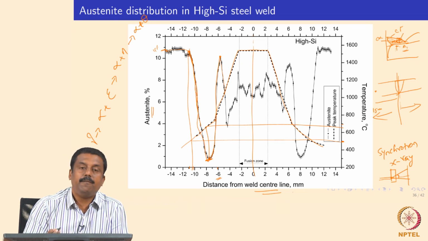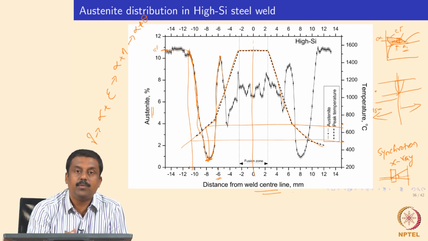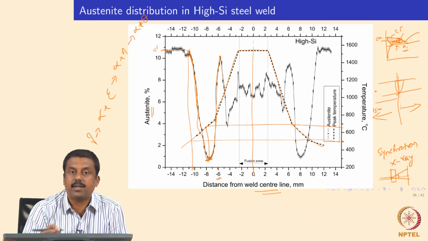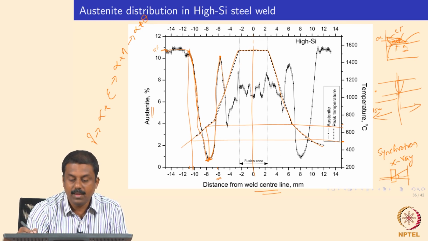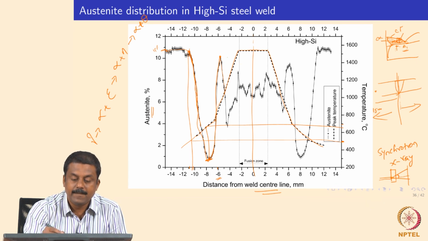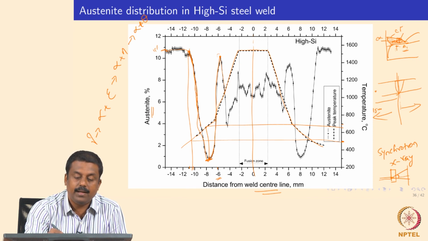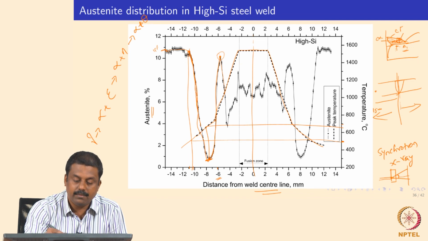Suppose you are heating up very fast, in laser beam welding for example, then this region would shrink, because the temperature gradients are much different, but it will have a similar pattern. When the temperature reaches an intercritical temperature where both ferrite and austenite coexist, you have optimum partitioning of carbon to the austenite, which can lead to an increasing fraction.